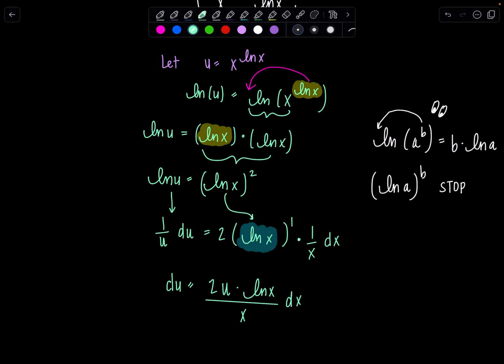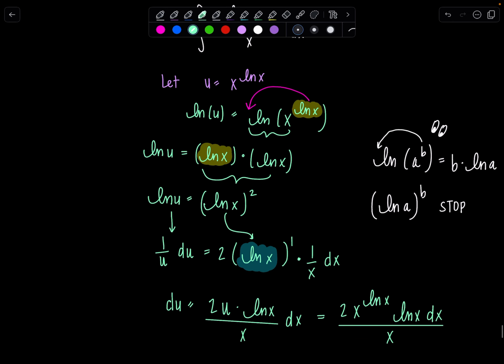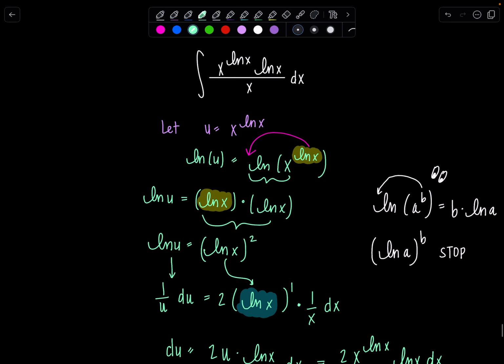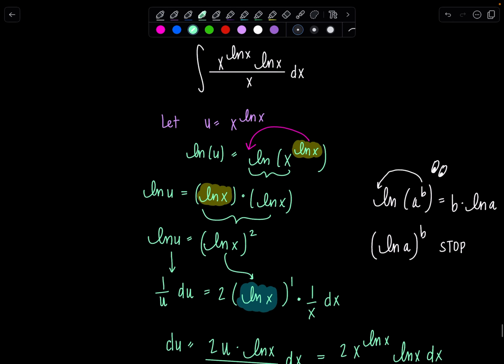And then do you remember who u was? u was right here, x to the natural log of x. So that means this is 2x raised to the natural log of x times another natural log of x dx over x. And then go back up above, look at this integral, x to the natural log of x, ln of x over x.